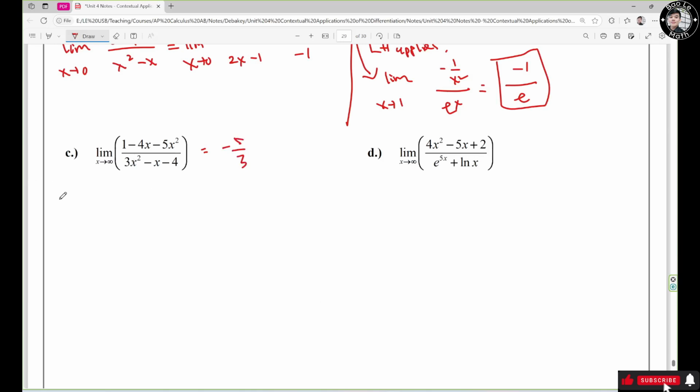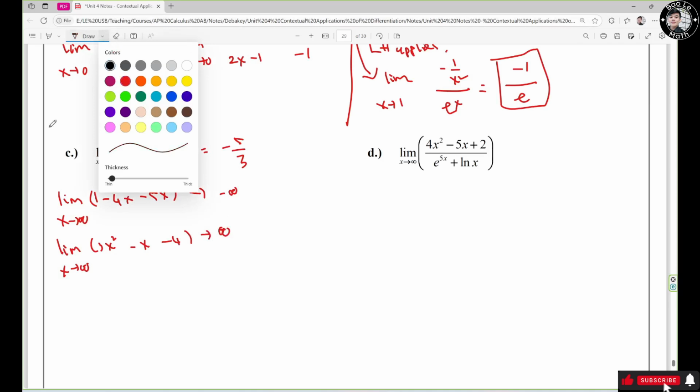So we have the limit of 1 minus 4s minus 5s squared when s approaches infinity. It's going to be negative infinity, right? And the limit of 3s squared minus s minus 4 when s approaches infinity is going to be infinity, right?